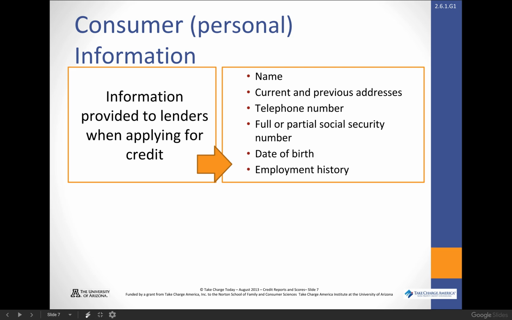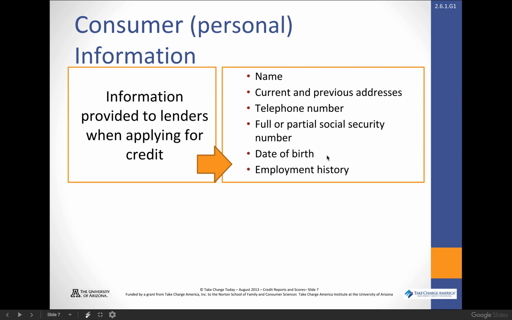And again, that personal information is going to be provided to lenders when I apply for a credit card. And because I provided that information to them, they are then going to transfer that over to this CRA, and then they will put it on my credit report. So like I said, my name, address, phone number, potentially part of a social security number.